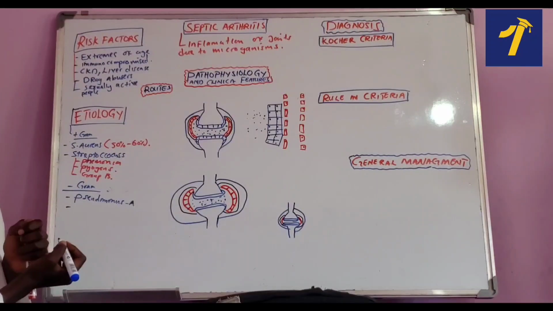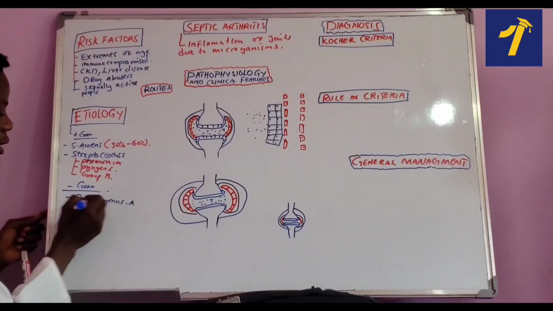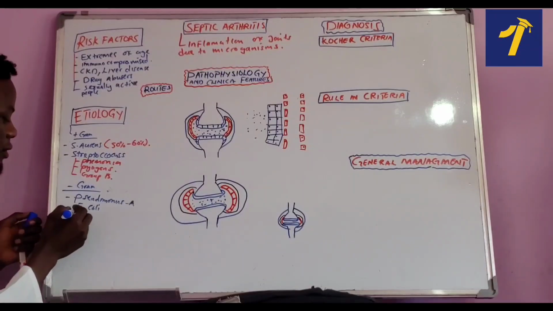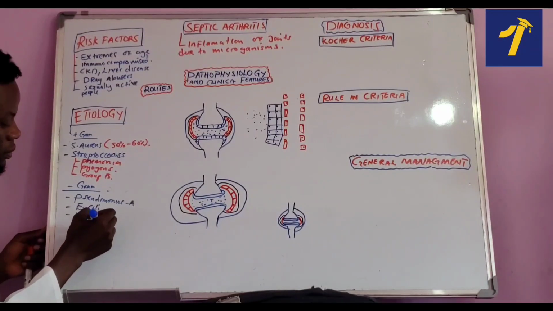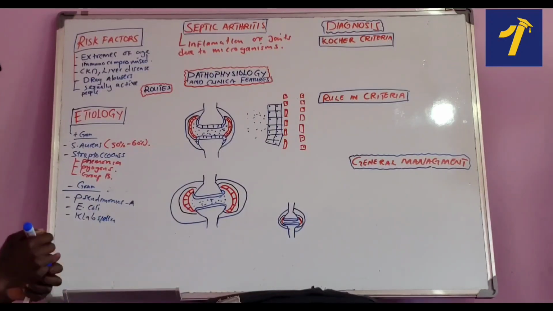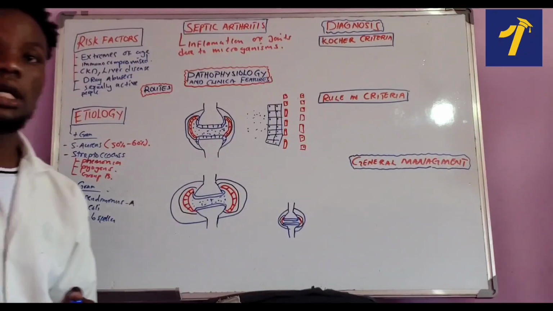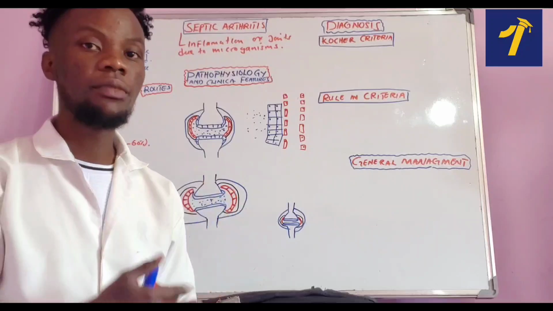What else? We have also E. coli, which can cause septic arthritis, and we can have Klebsiella as well. So Klebsiella, E. coli and Pseudomonas aeruginosa are causative agents of septic arthritis, and they are gram-negative.